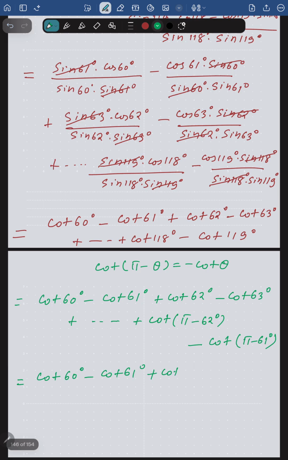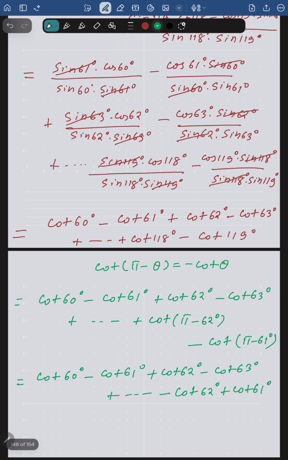plus cot 62 degree minus cot 63 degree plus and so on, now minus cot 62 degree, because cot of pi minus theta is minus cot theta, and here also minus cot 61 degree, so minus minus plus, so cot 61 degree.